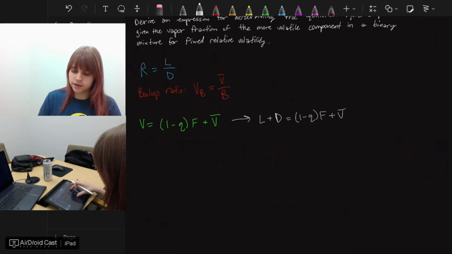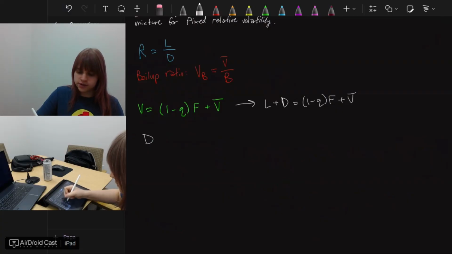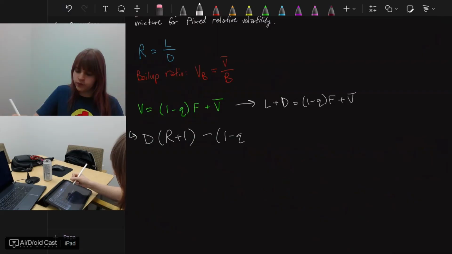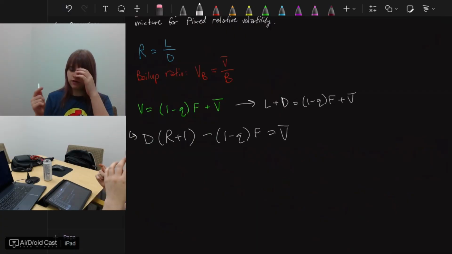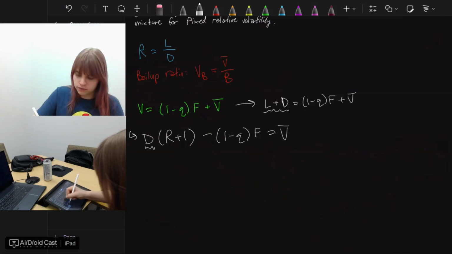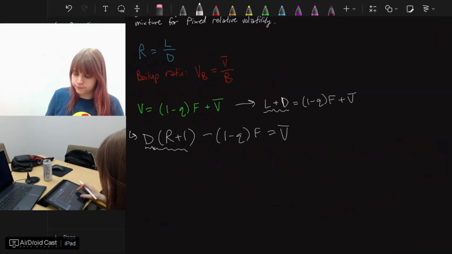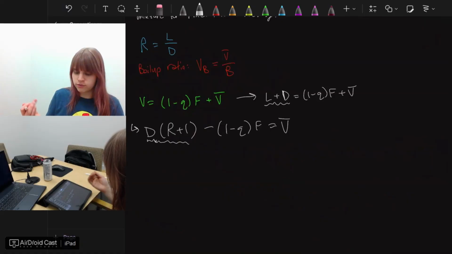And implementing the reflux ratio, we have the distillate times the reflux ratio plus 1, minus 1 minus Q times F, is all equal to V bar. We just moved that 1 minus Q to the left and altered our L plus D into the distillate times the reflux ratio plus 1.